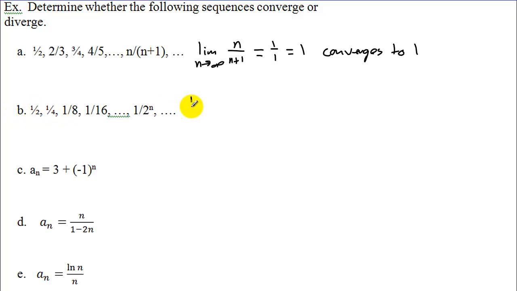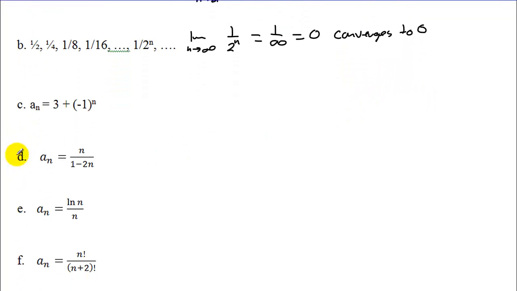Let's look at letter B. We have the limit as n approaches infinity of 1 over 2 to the n, which is just simply 1 over infinity. 2 to the infinity is just infinity. So this one actually converges to 0.